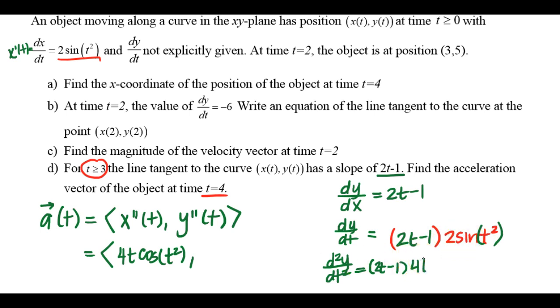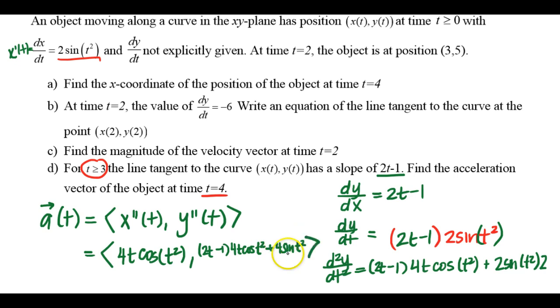So that one was 4t cosine of t squared, plus the second function, 2 sine of t squared, times the derivative of the first, which is just 2. So what goes right here is kind of a big messy thing. So 2t minus 1 times 4t cosine of t squared, and then plus 4 sine of t squared.